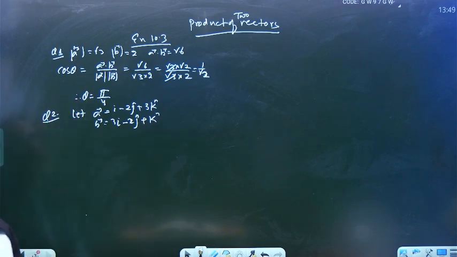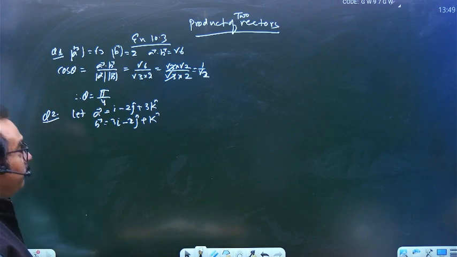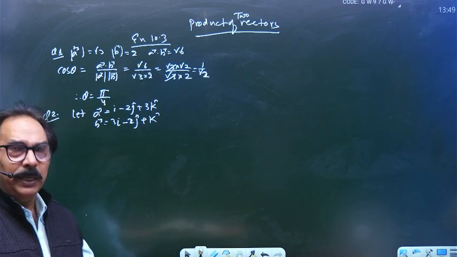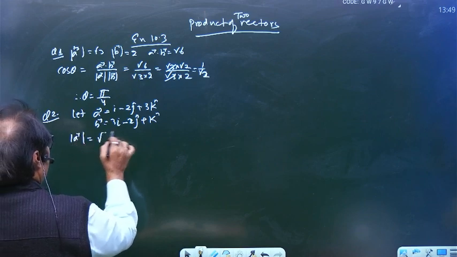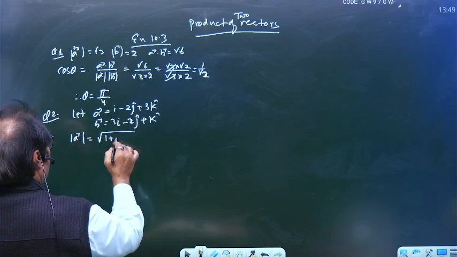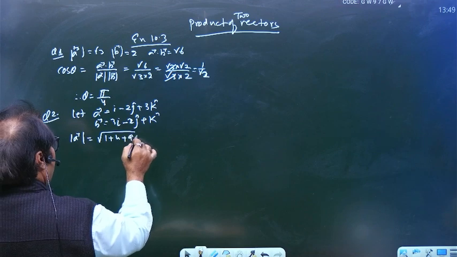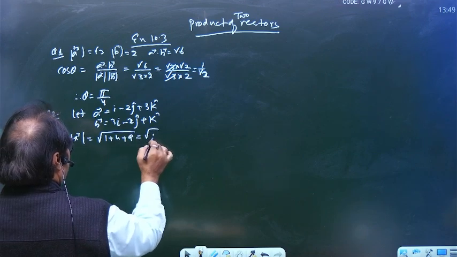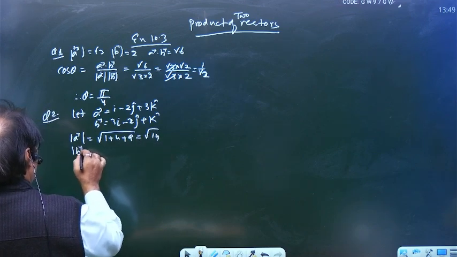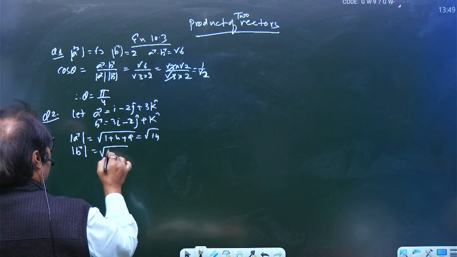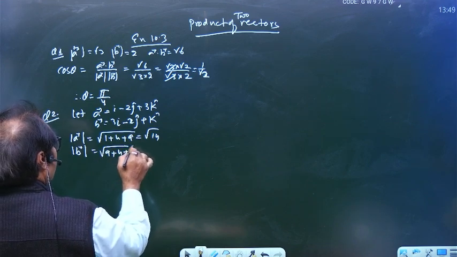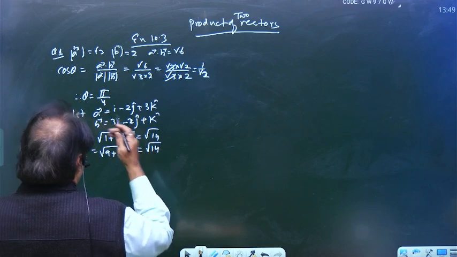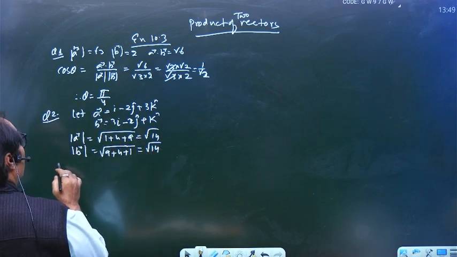As per the formula, cos theta is equal to a dot b upon magnitude of a into magnitude of b. So find the magnitude of a first. The magnitude of a is 1 plus (minus 2) squared, 4, plus 3 squared, 9. So this is root over 14, and the magnitude of b is 3 squared, 9, plus (minus 2) squared, 4, plus 1. So again it is root over 14.